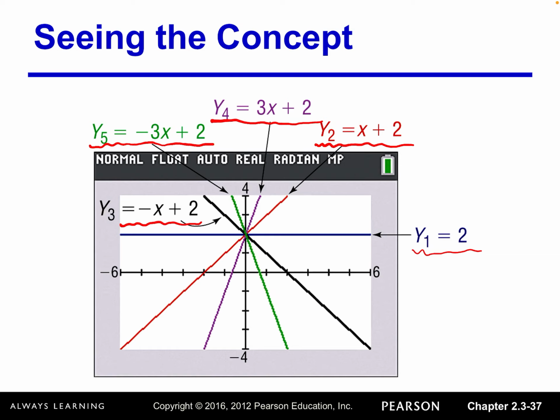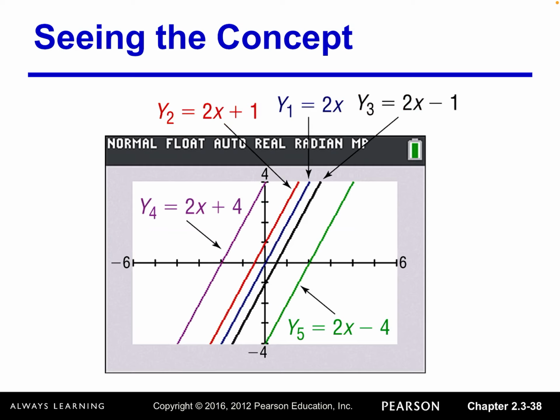So what's common for these 5 line equations? They all have the same y-intercept. And from the graph, we can see that too. All the lines have different slopes, so how fast they go up or down is different, but they pass through the same y-intercept, (0, 2).